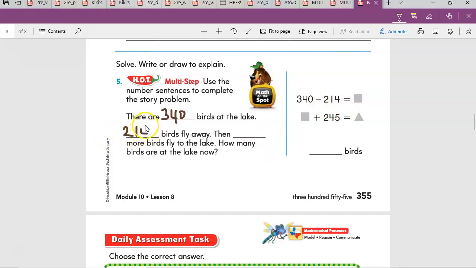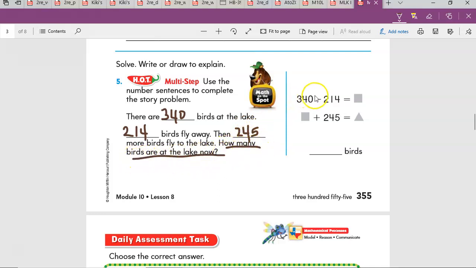We're not going to watch Professor Berger today, by the way. There are 340 birds at the lake. 214 birds fly away. Then more birds fly to the lake. Then how many more birds fly to the lake? What's that number? 245. How many birds are at the lake now?